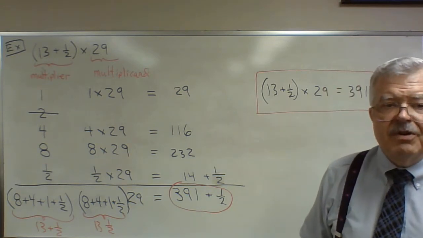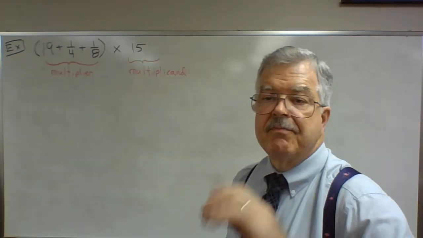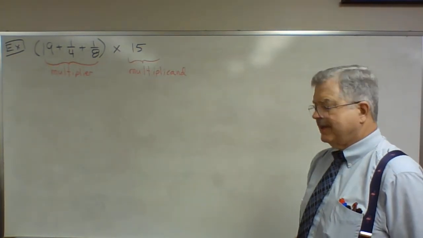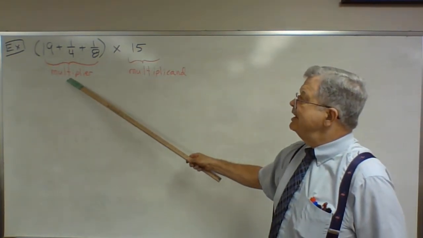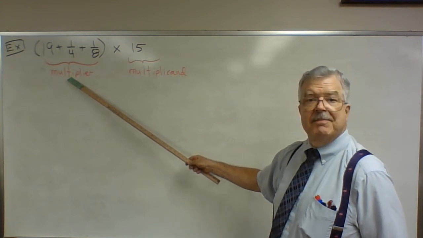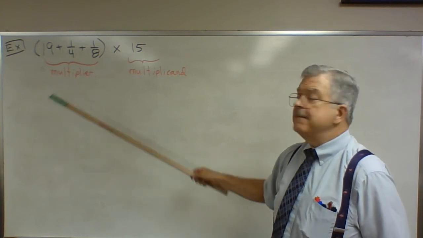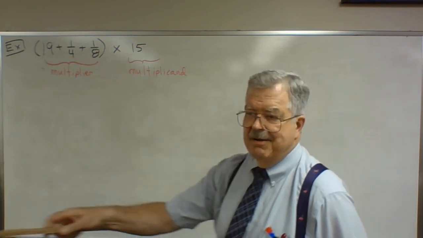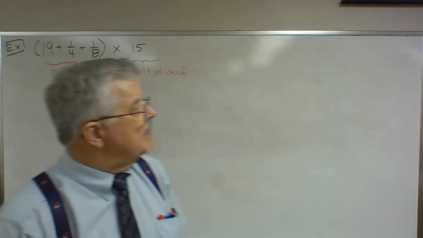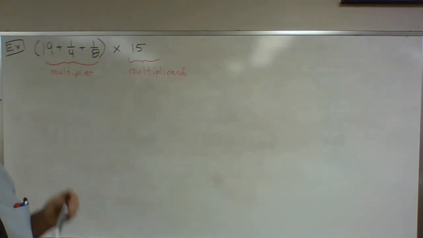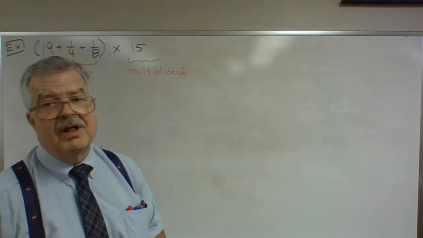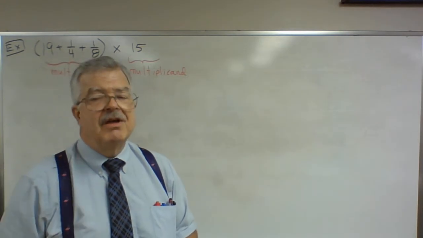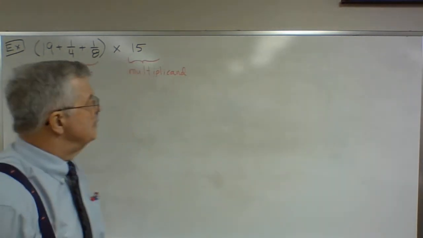Well, maybe we should do another one of these. Okay, let's do another. 19 plus a fourth plus an eighth, that's our multiplier. 15, this is our multiplicand. Step 1, decompose the multiplier into the sum of distinct powers of 2.